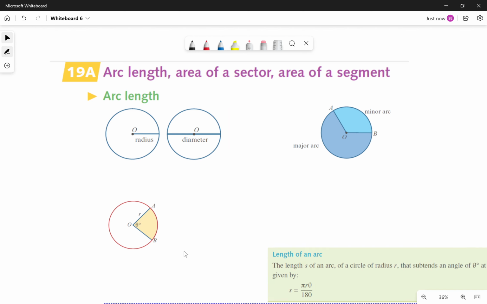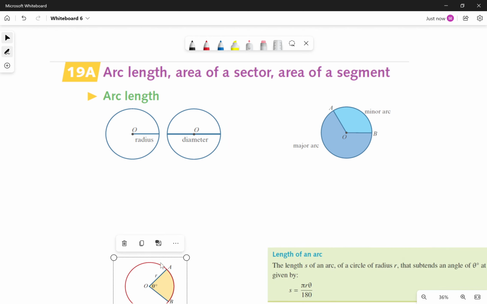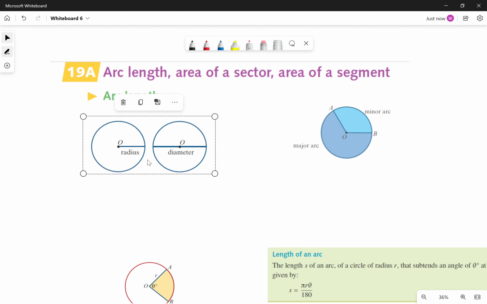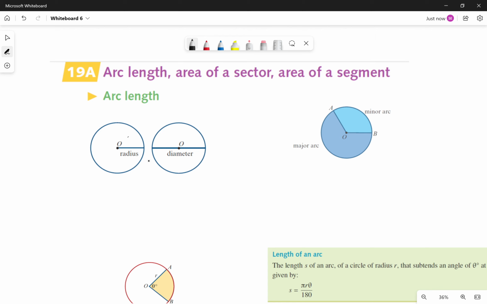So before we even look at what arc length is, just a couple definitions. So if we have a circle, think about in a movie, if you've seen Top Gun, when there's like a radar, and there's like planes popping up on the radar. This radar line is like traveling around the circle. So that's how you remember radius, because it's because of radar.